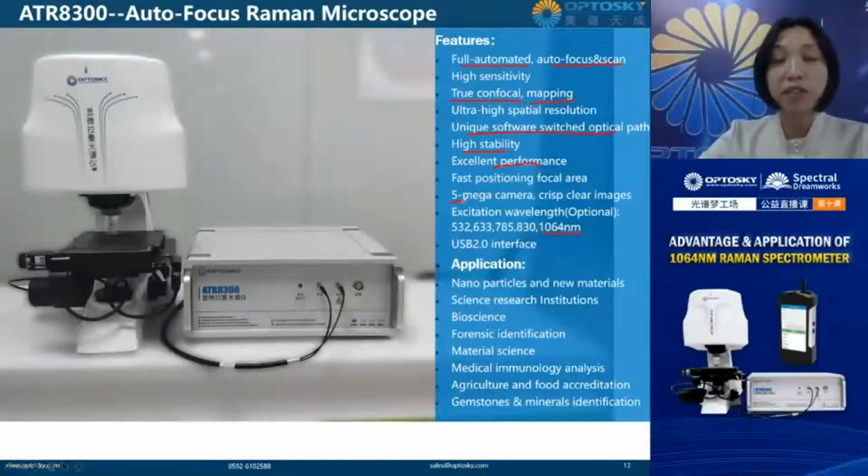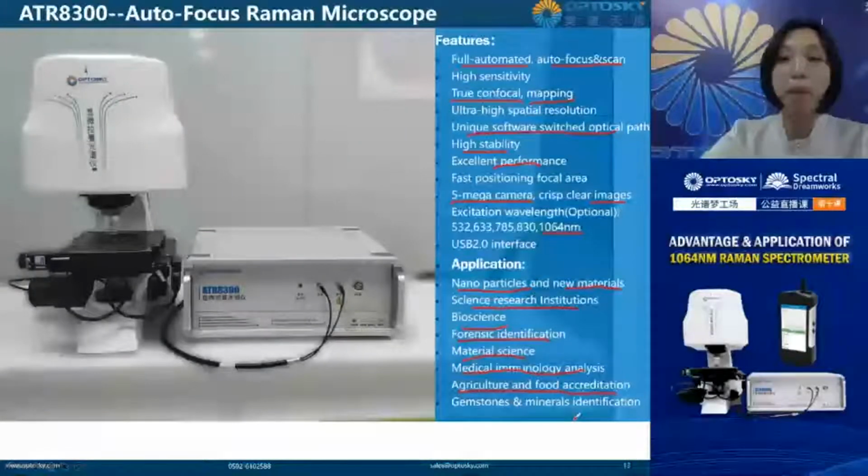And also we use 5-megapixel cameras, so the image is very clear. It can be used for nanoparticles and new materials. So we can also identify in scientific research institutions, biosciences, fluorescence identification, and material science. And we use it in medical immunology analysis, agriculture and food accreditation, and gemstone and mineral identification.